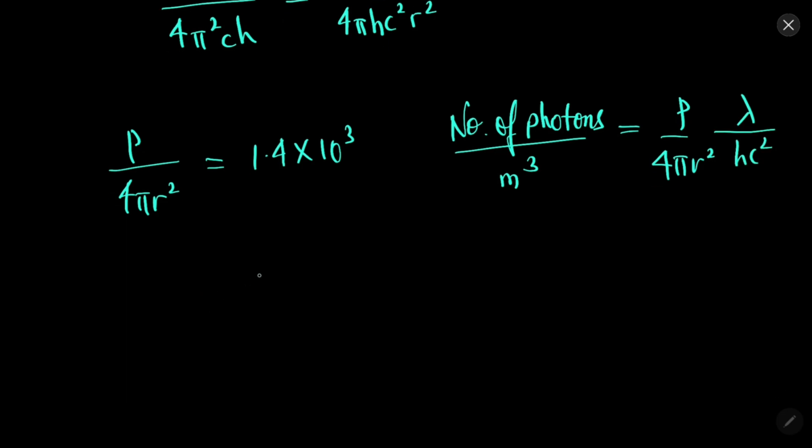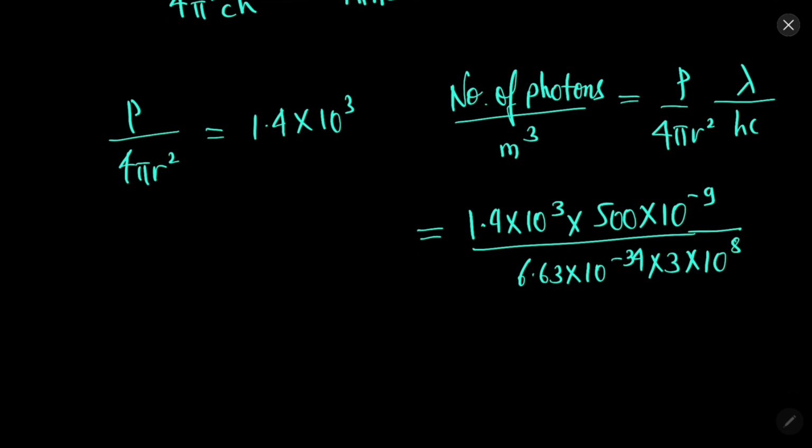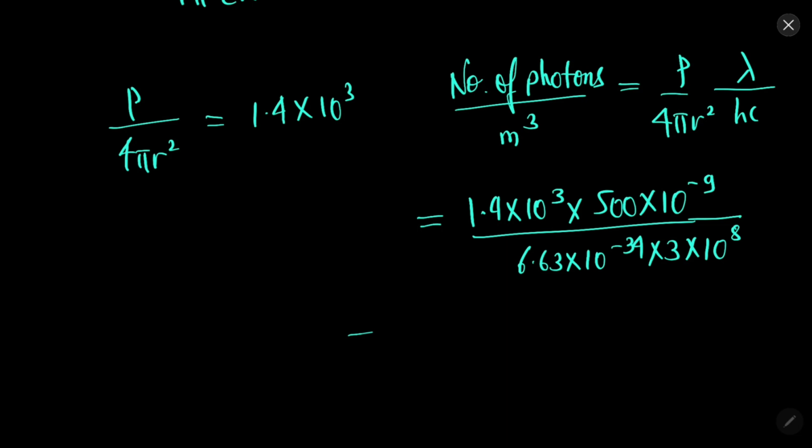So it will come out to be 1.4 × 10^3 times 500 nanometers over 6.63 × 10^-34 times 3 × 10^8, whole squared. This square is not there on the 10^8. So it will give us 1.2 × 10^13.